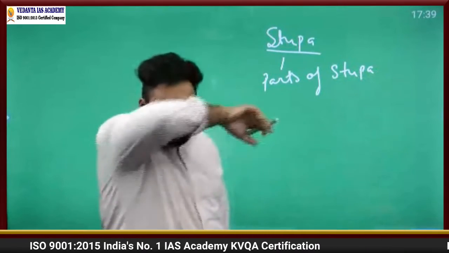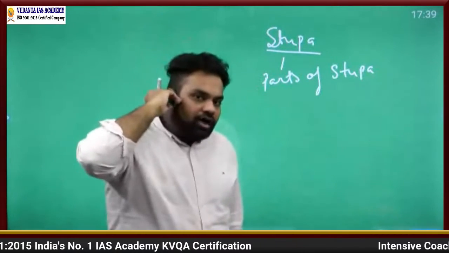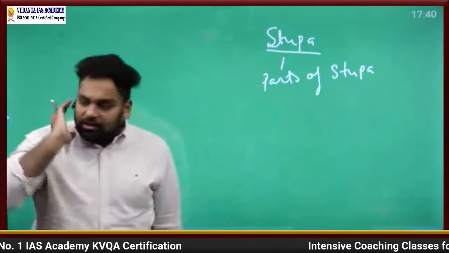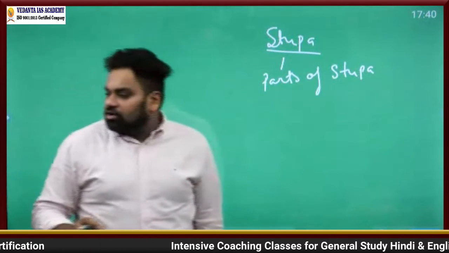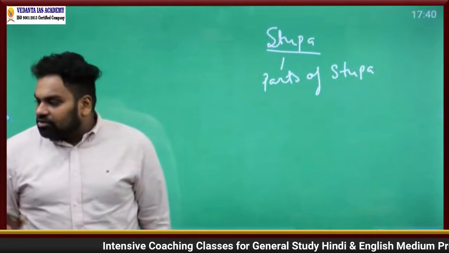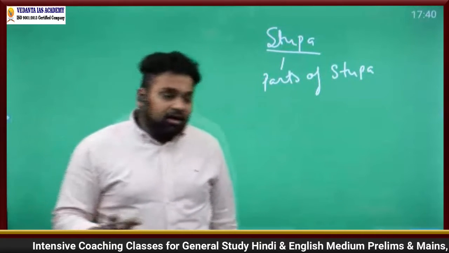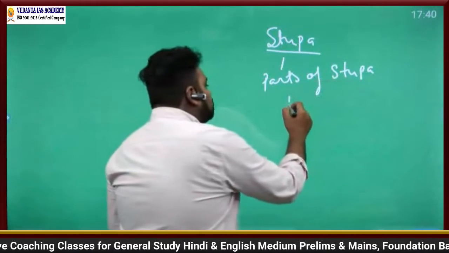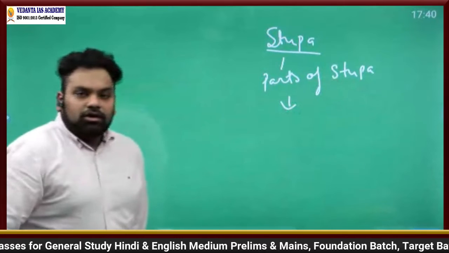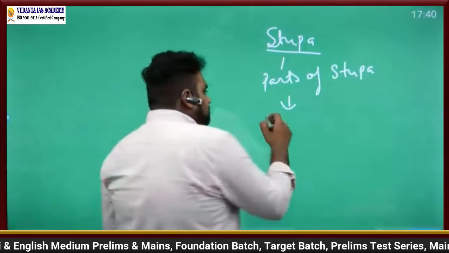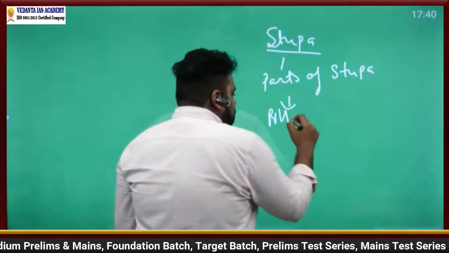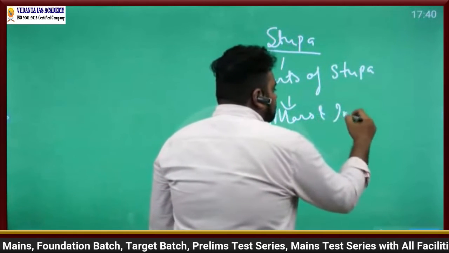The constituent parts of the stupa are very, very important for examination purposes, right? So this is something we are going to study, right? तो ये एक important और interesting idea है. Then with stupa, we will come to another style of architecture, that is the pillars and inscriptions.